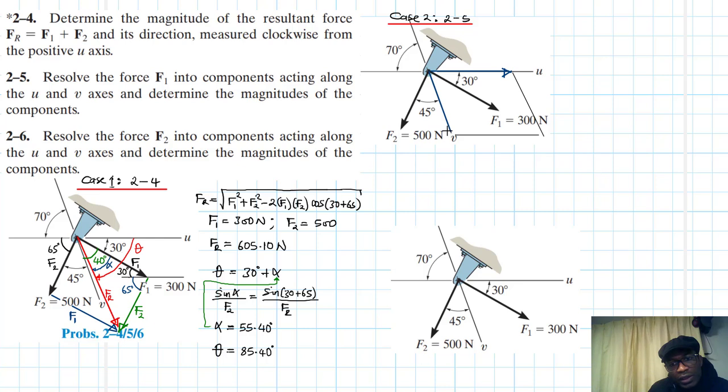Another vector like this. So this one here, we'll call it FU. Okay, this one we'll call it FV.